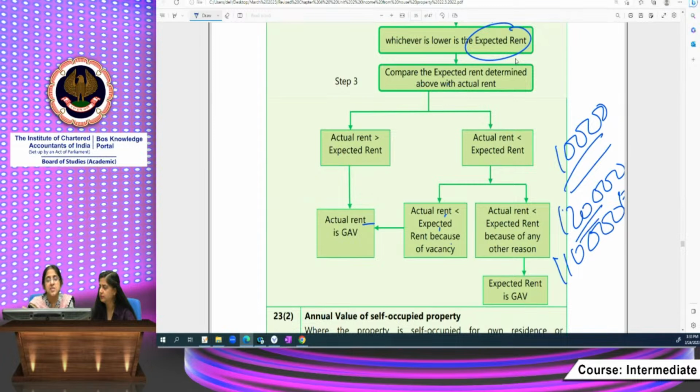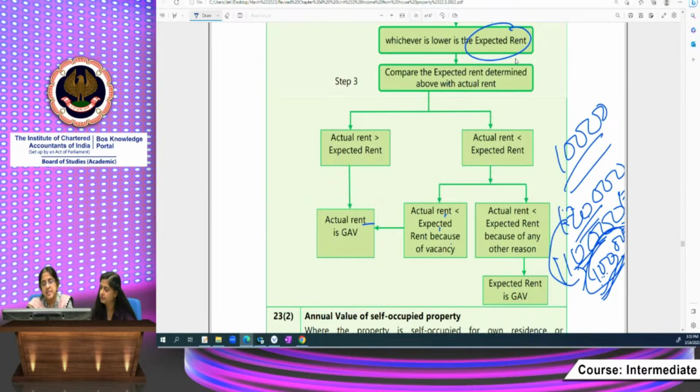Now the property is vacant for 2 months, because of which your actual rent becomes 1 lakh. Because of vacancy, it becomes lower than the expected rent. Otherwise, actual rent was higher than the expected rent. Then the rent of 1 lakh will be the gross annual value in such a case, if it's because of vacancy.